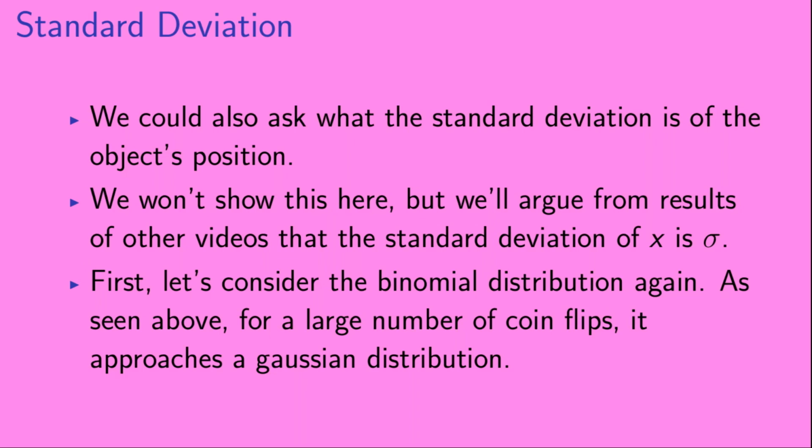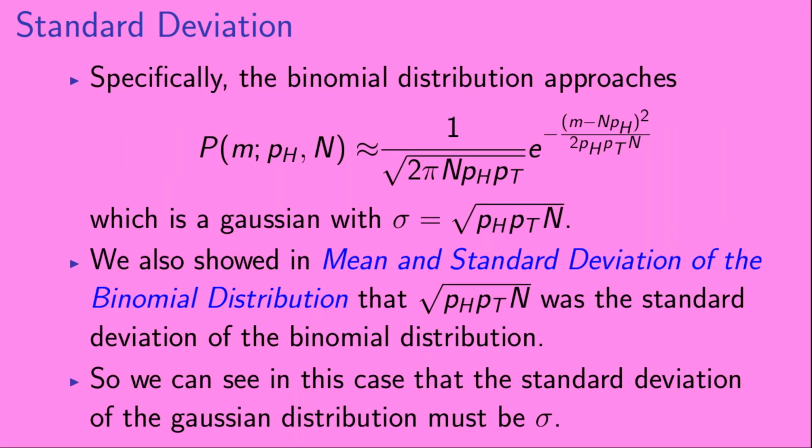First, let's consider the binomial distribution again. As seen above, for a large number of coin flips, it approaches a Gaussian distribution. Specifically, the binomial distribution approaches the distribution shown here, which is a Gaussian with sigma set equal to the square root of p_h, p_t, n, where p_h, p_t, and n are parameters in the binomial distribution.